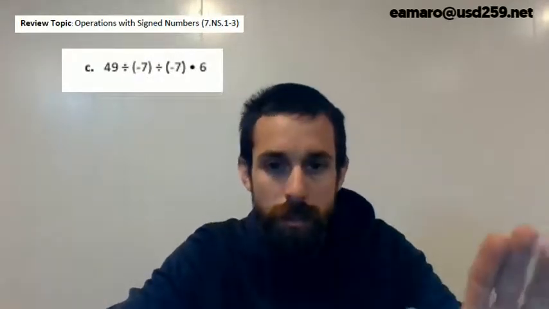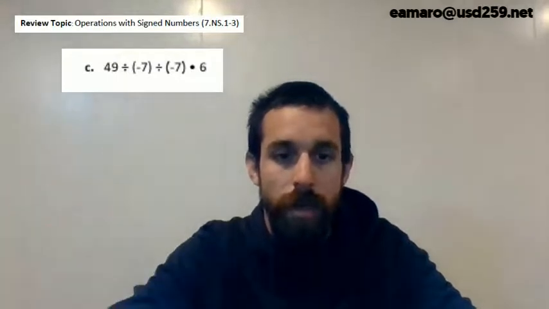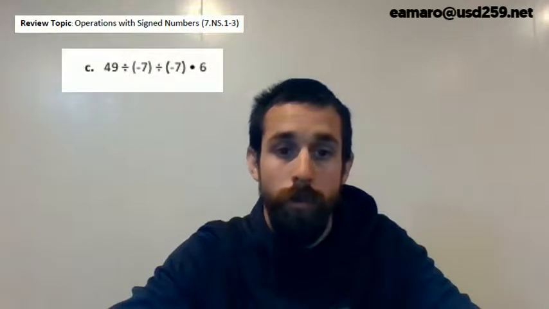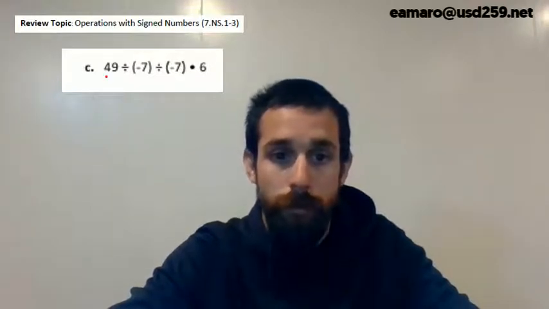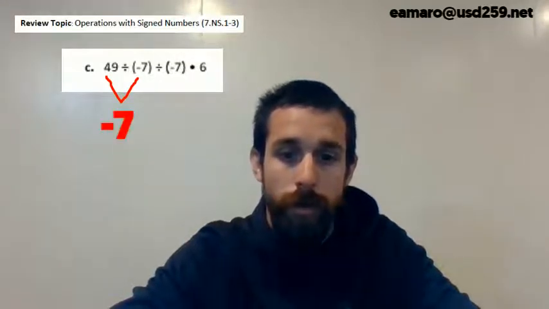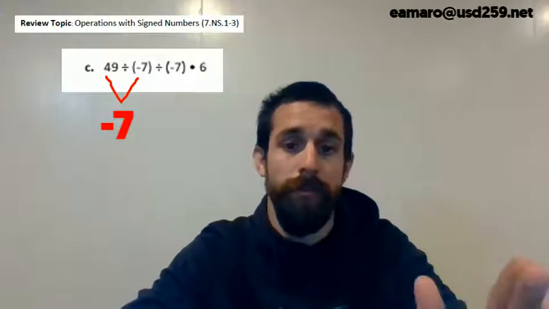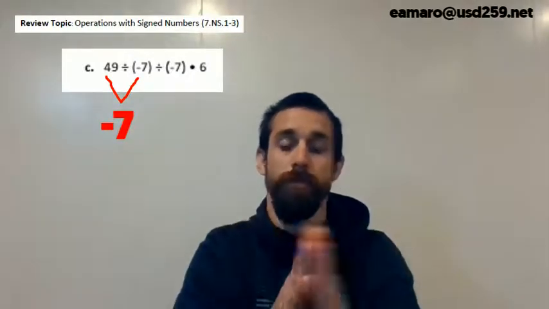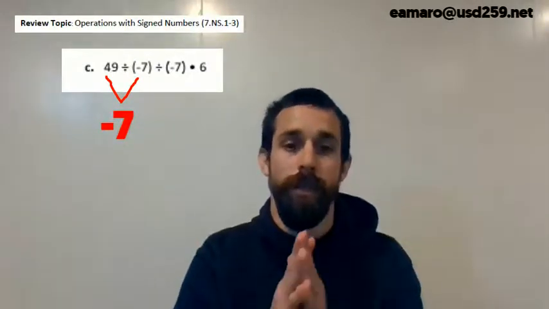The first page has a bunch of problems that I think you can handle by yourself. This is from the second page, and it's a little more complicated, so I just wanted to go over this one. We want to start off by going from left to right, and we're going to do two numbers at a time. So I'm going to do these two, and that would equal -7, because a positive and a negative value, when they come together in multiplication or division, become a negative value.